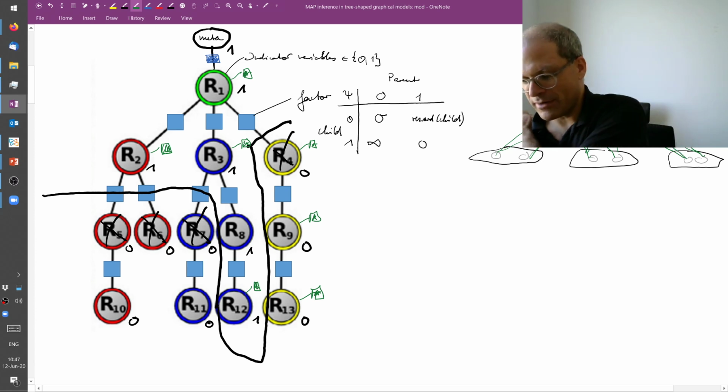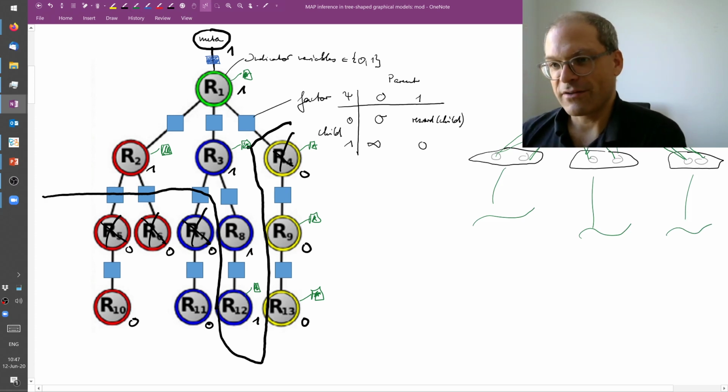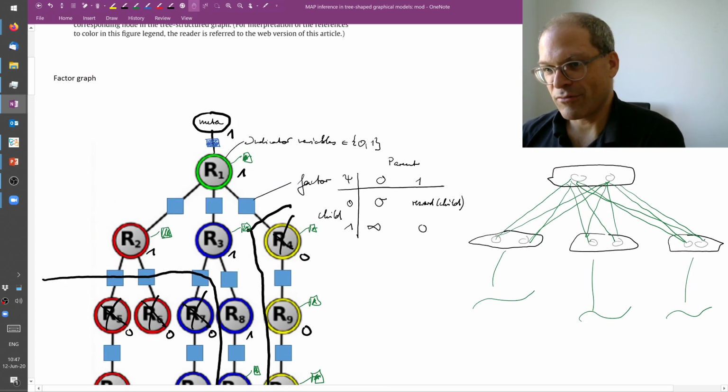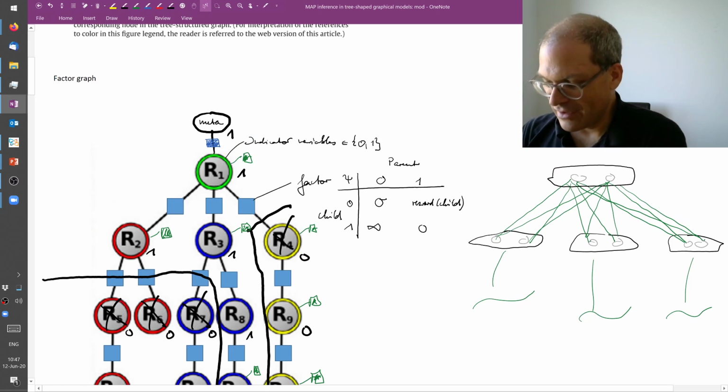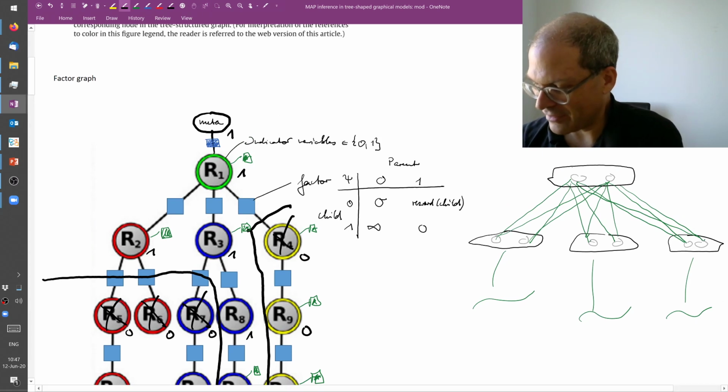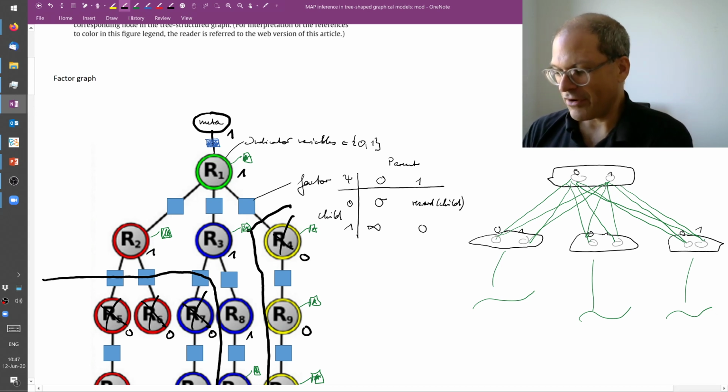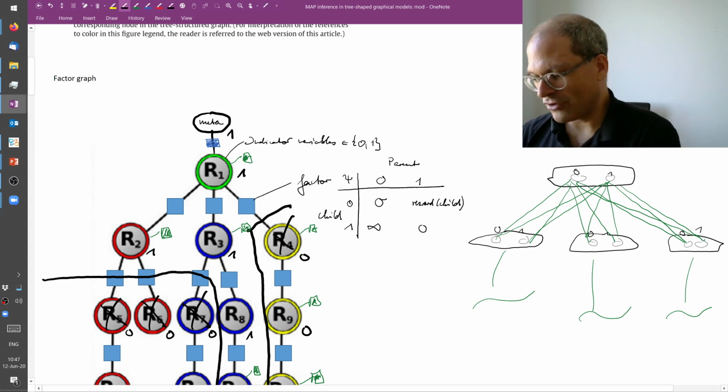And the graph goes on here at the bottom, not shown. And the result of the message passing is that in the end, I will select precisely one state for the root node, which here happens to be state number 1.